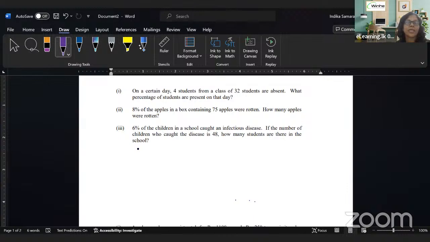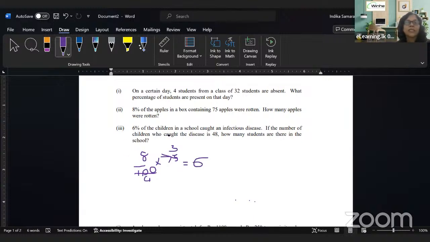80%, right? 80 divided by 100 multiplied by 75. 3 into 2 is 6, right? 60 were rotten.